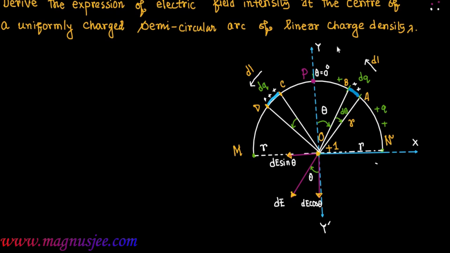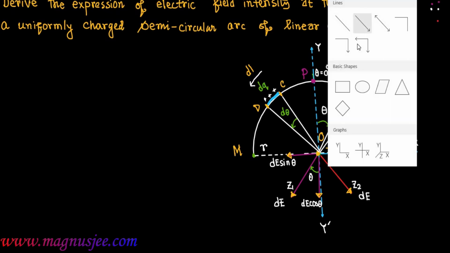The electric field intensity at the center O due to the small portion CD is dE, and it acts along OZ2.